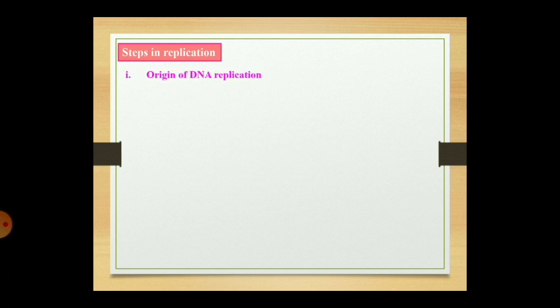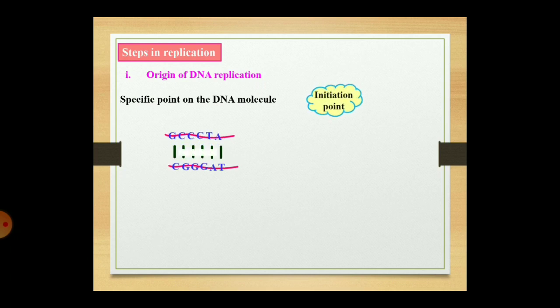Soon after, in the replication, the first enzyme, the helicase enzyme, breaks the hydrogen bonds between the two strands, and the two strands unwind. This is what we call the initiation point, or the origin of replication, the ori site.